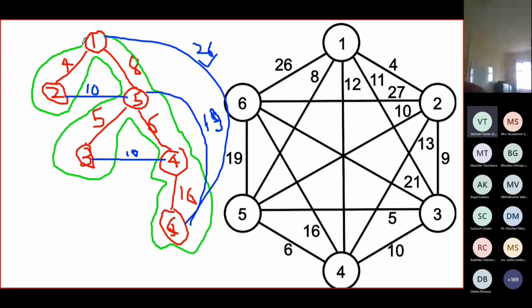So finally the solution will be 1, 2, 5, 3, 4, 6 and directly to 1. So this is going to give you the solution for the TSP approximation. This is different from the exact TSP problem.